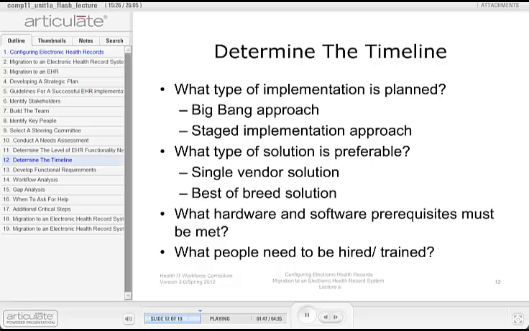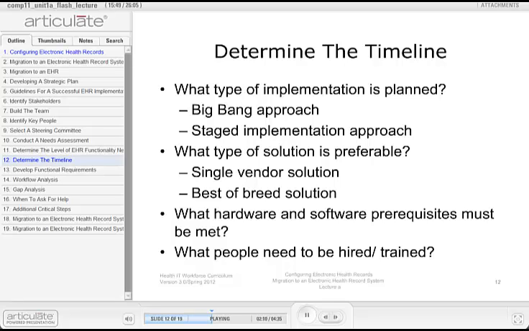Staged implementations are associated with lower initial productivity losses and higher total implementation costs compared with the Big Bang approach. The culture of the organization may favor one type of implementation over another. Considerations of cost and the availability of essential personnel may also influence the type of implementation selected.